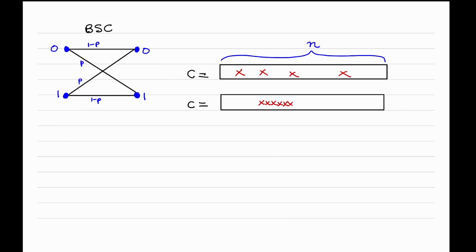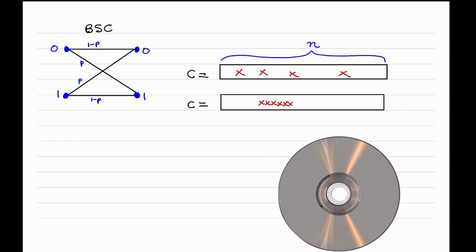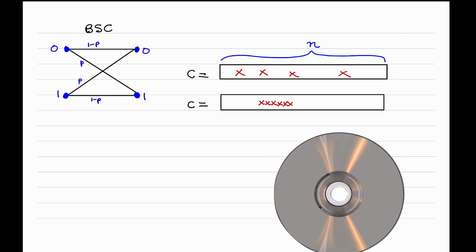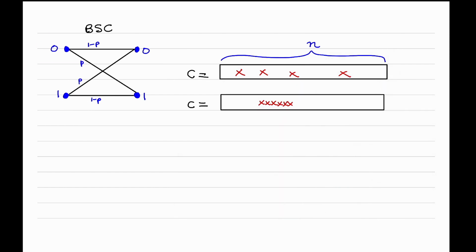Or perhaps the code words are being stored on a disk drive and a small scratch on the surface of the drive affects many bits close to each other. So in practice, even though errors do occur at random, when an error does occur, it tends to occur as a burst, which means that many bits close to each other might be affected.